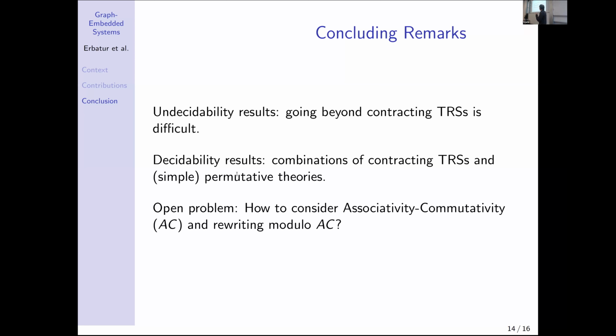So this is really the next theory we would like to focus on: what happens when we consider associativity and commutativity regarding deduction and static equivalence. And this, of course, is of interest for theories like the exclusive OR theory, which is based on an AC encoding. Okay, that's it. Thank you.